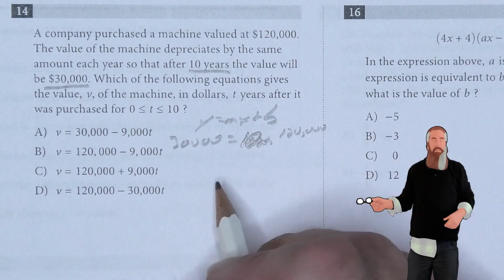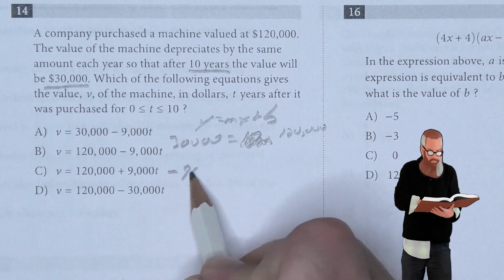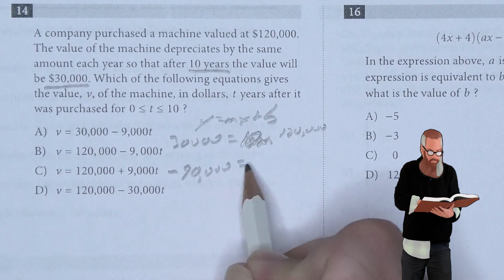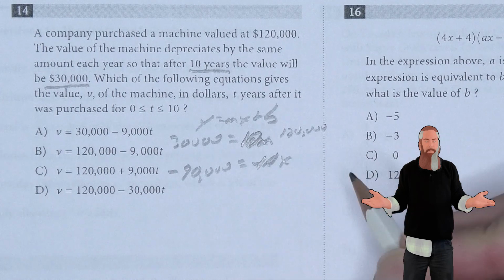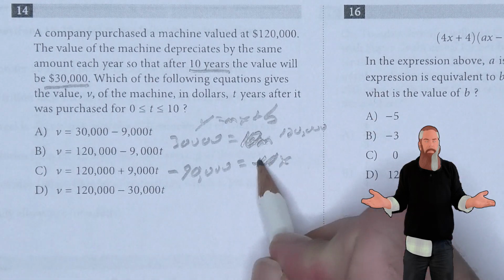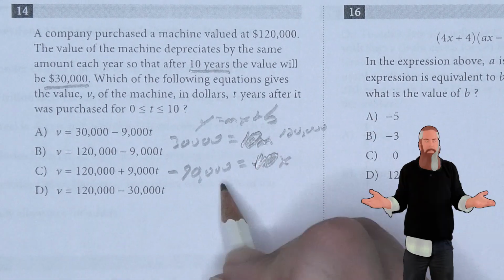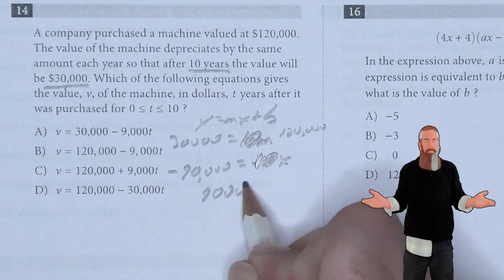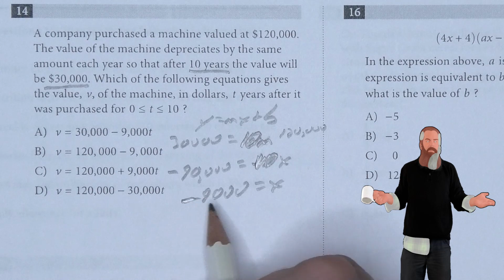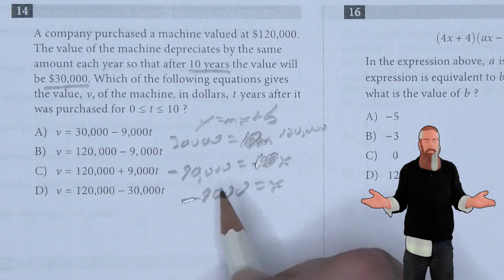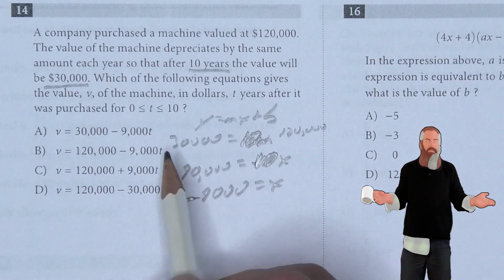Moving 120,000 to the other side, we're going to wind up with a negative 90,000 is equal to 10m. Dividing both sides by 10, what we're going to wind up with is $9,000 every year of depreciation. This means we're looking at a negative value. It is going down in value, $9,000 every single year.